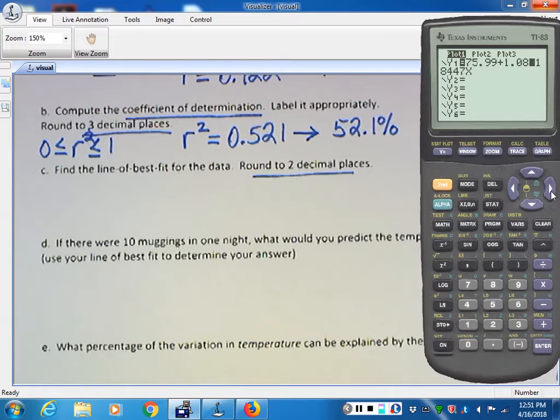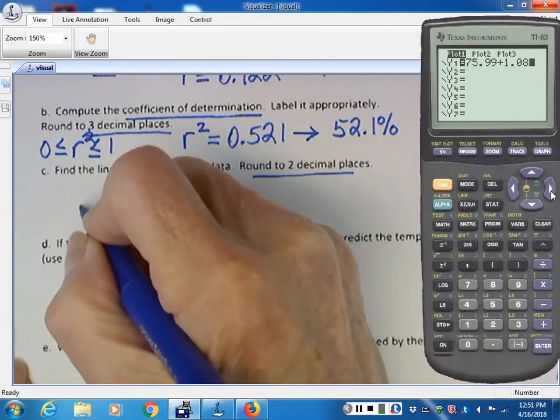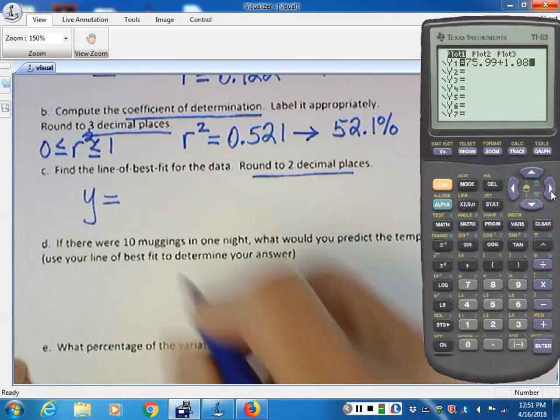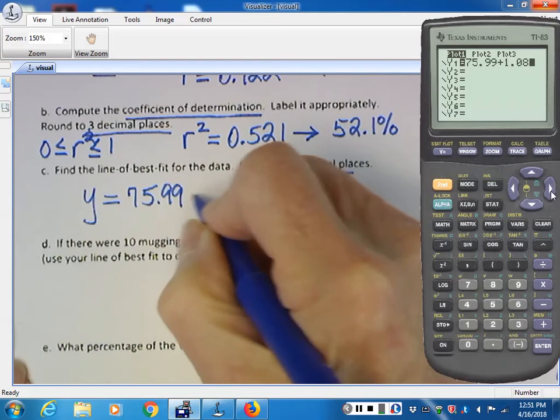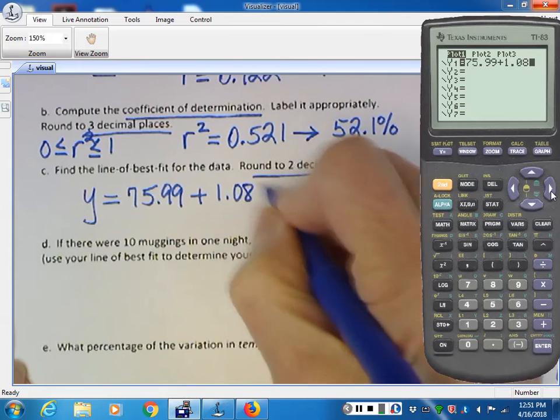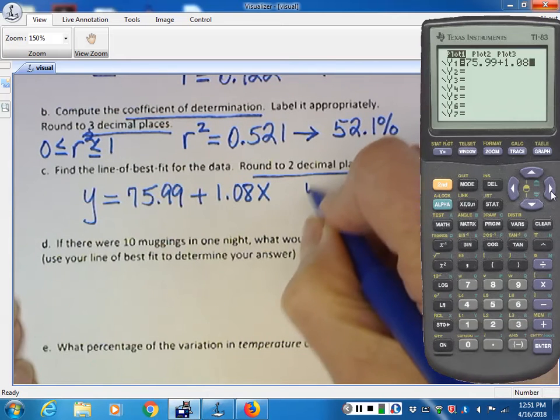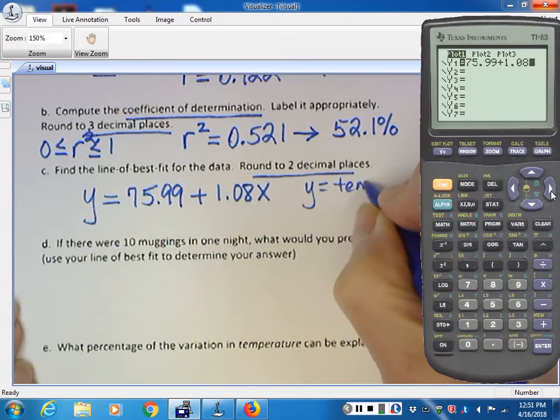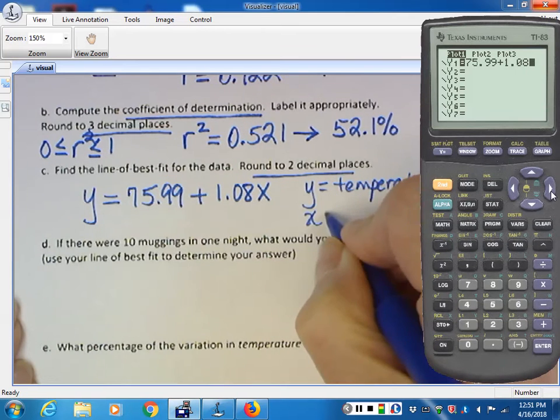Now don't get too happy doing this or you'll wind up deleting your X. So our line of best fit for this data is Y equals 75.99 plus 1.08 times X. And keep in mind that Y represents the temperature and X represents the number of muggings.